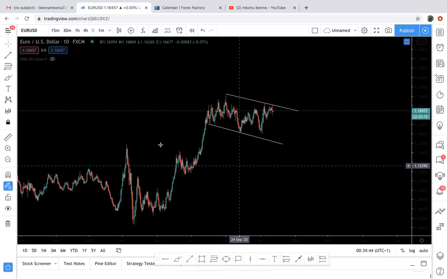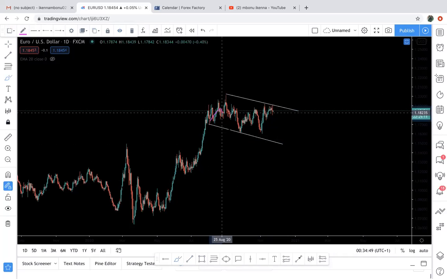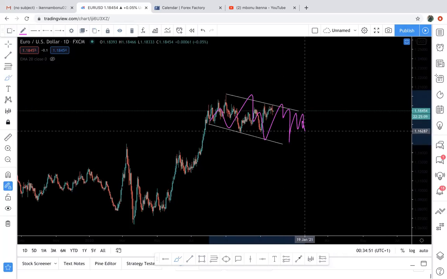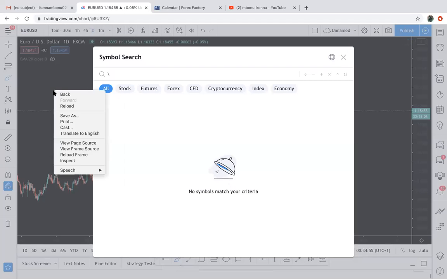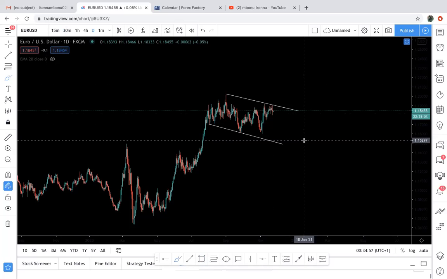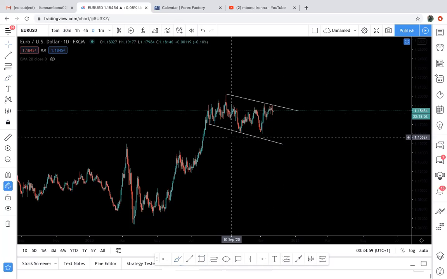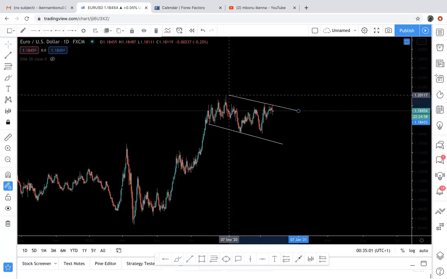And you can see this is a correction, a sideways market, but this is a corrective phase also on higher time frame for a potential continuation to the upside. But yes, we can take advantage of moves within that correction.